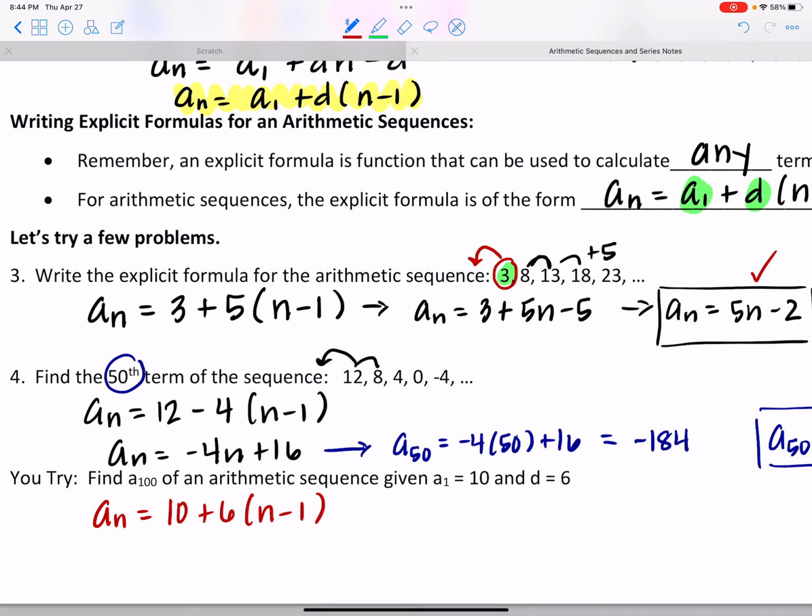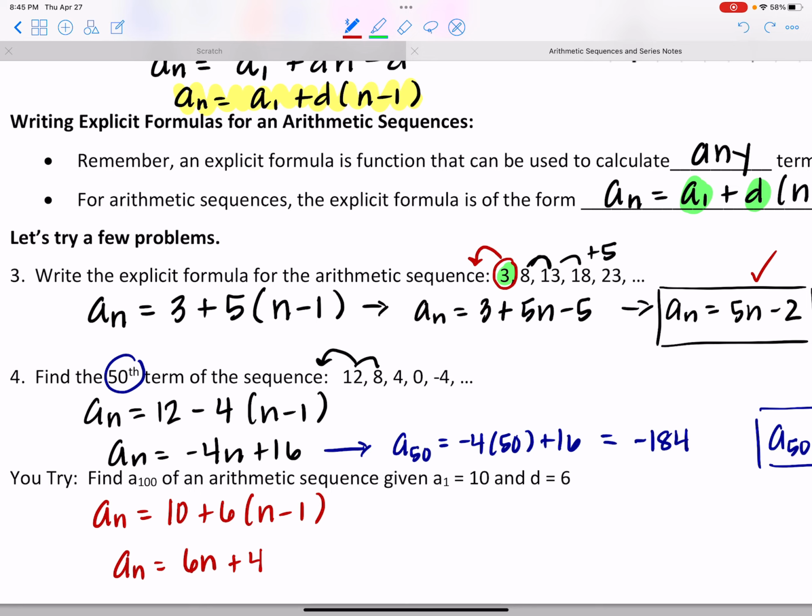Or I could just jump to a sub n equal to 6n, because my slope, my common difference is 6, plus if my first number is 10, instead of adding 6 to get to the second number, if I subtracted 6 to get to the previous number, the continuous linear function would cross the y-axis at 4. So subtract 6 and I get a plus 4 here, which is exactly what we'd see if we combined this negative 6 with this 10. Okay, so either one of those forms is perfectly fine for the explicit formula.